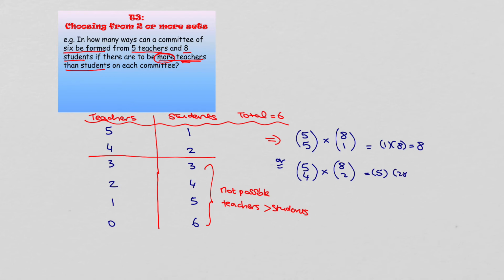So we have 5 times 28, which is 140. Now, because there are 2 different combinations, we can have 5 teachers and 1 student, or 4 teachers and 2 students. So because we have the or here, as stated on the last slide, what we would do is we add our 2 answers. So therefore the total number of ways of making a committee of 6 with more teachers is 148.